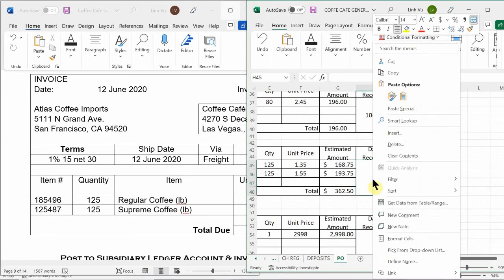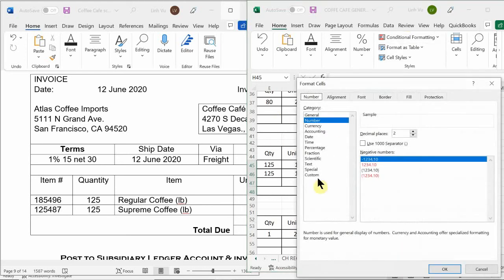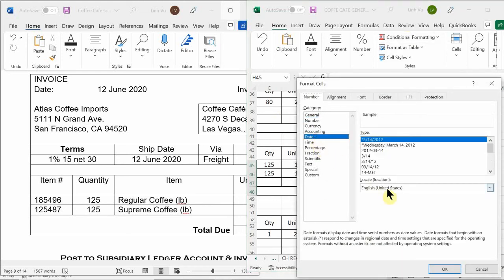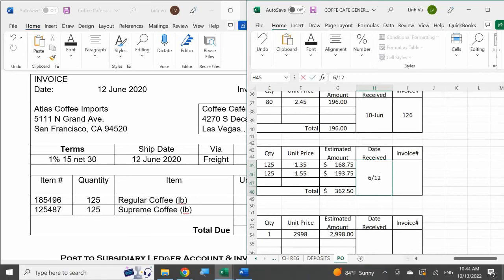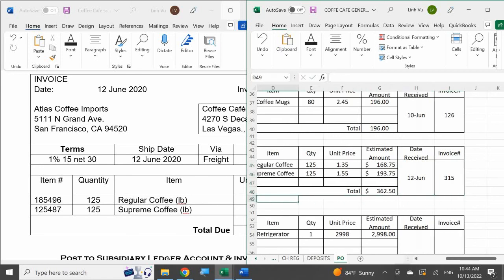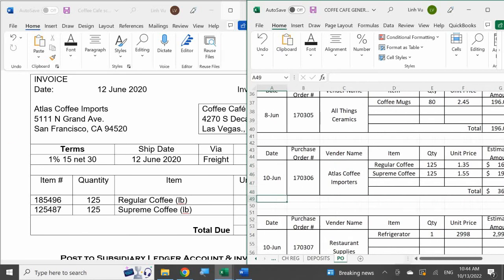When did I receive my coffee? Today, which is the 12th. And what was the invoice number? 315. Okay, so yes, I received my coffee.